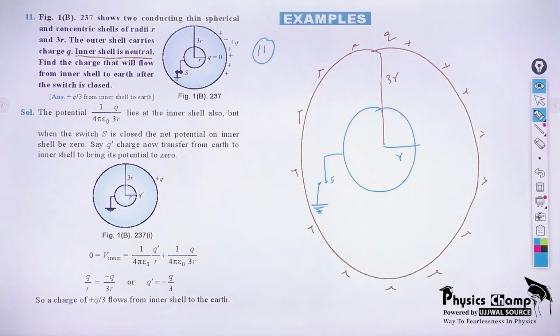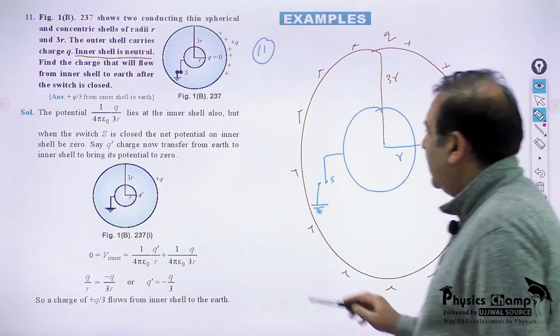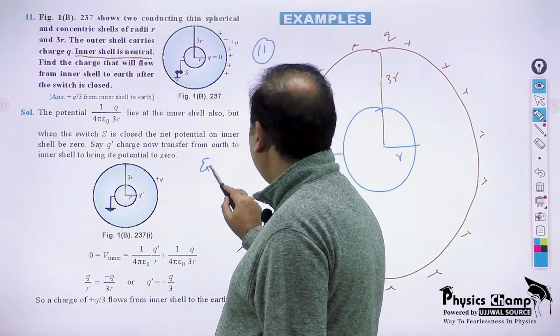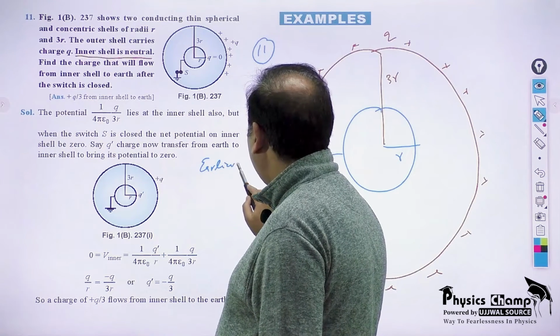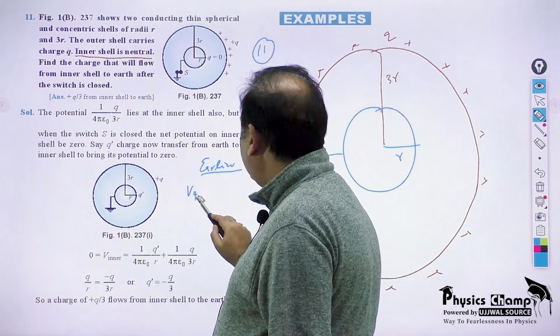So with no earthing earlier, what is the potential on the inner shell?